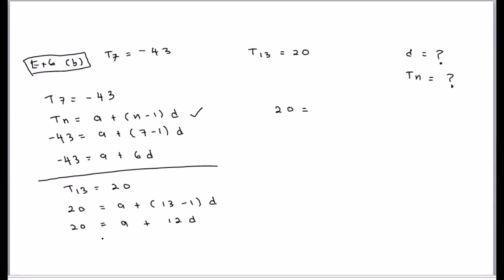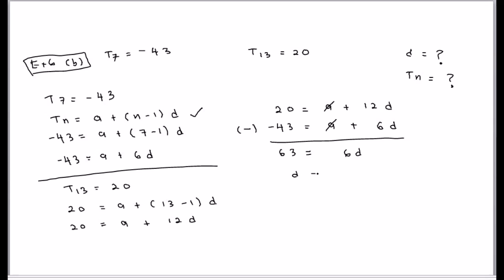So I took equation 2, 20 equals a plus 12d, and then took the first equation, negative 43 equals a plus 6d. 20 minus negative 43, we get 63. a minus a, 0. 12d minus 6d, we get 6d.